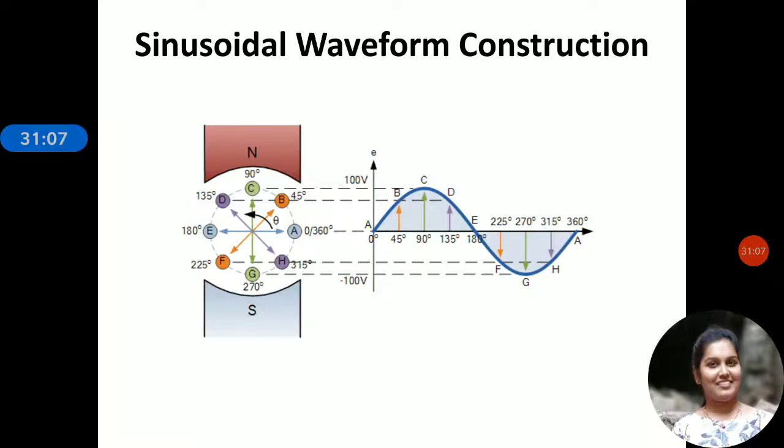So when the coil is in position A, in the graph, that is a sine wave, the voltage will be equal to 0.